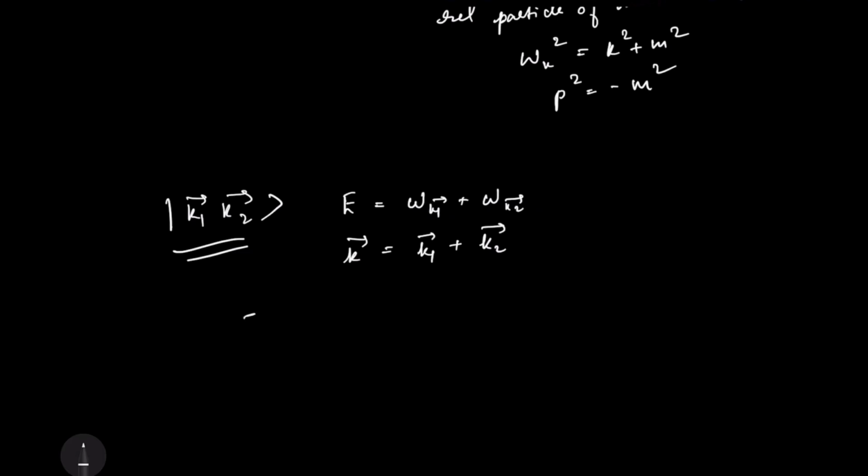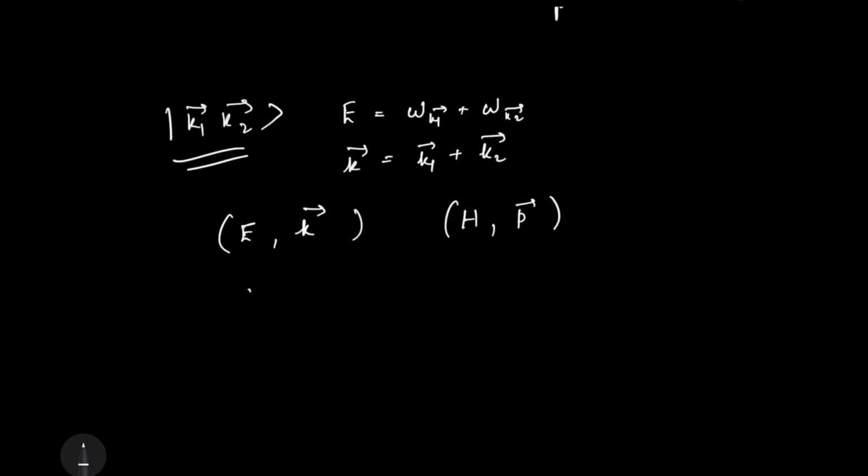Here E and K are the eigenvalues of the Hamiltonian and the momentum. So we can interpret it as two particles with momenta (omega_K1, K1) and (omega_K2, K2).